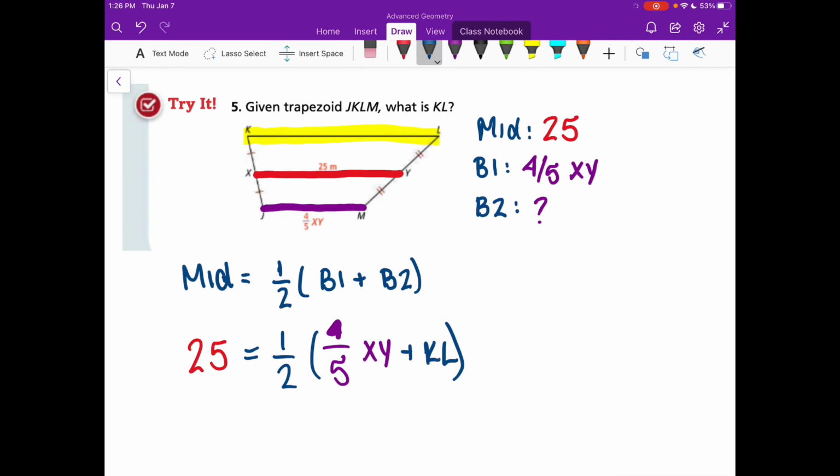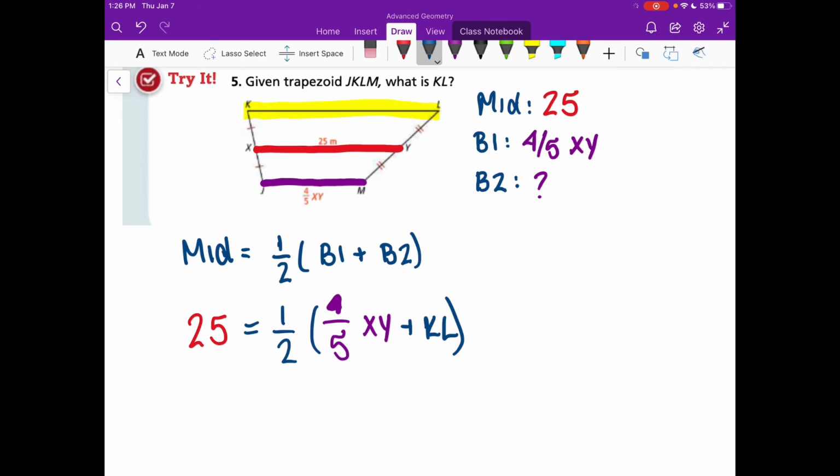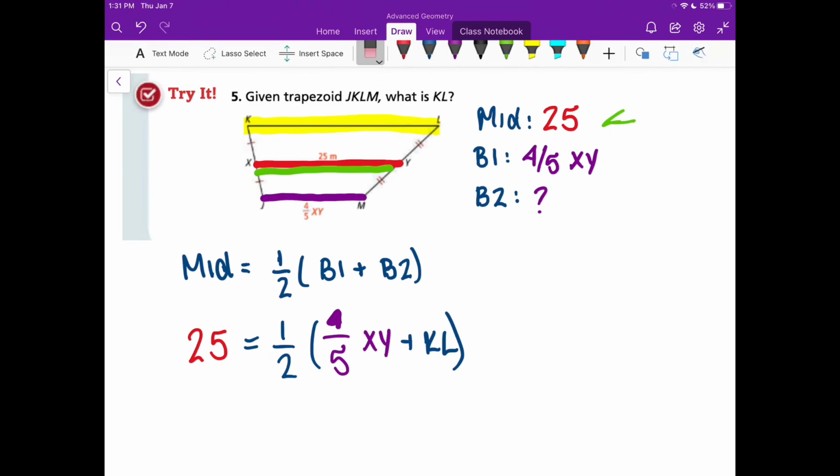And we can work to solve this equation to find our unknown. So if we're actually trying to solve this to find that unknown, we need to first replace what we know xy is so we can get that other unknown out of there. And xy is that mid-segment of 25.